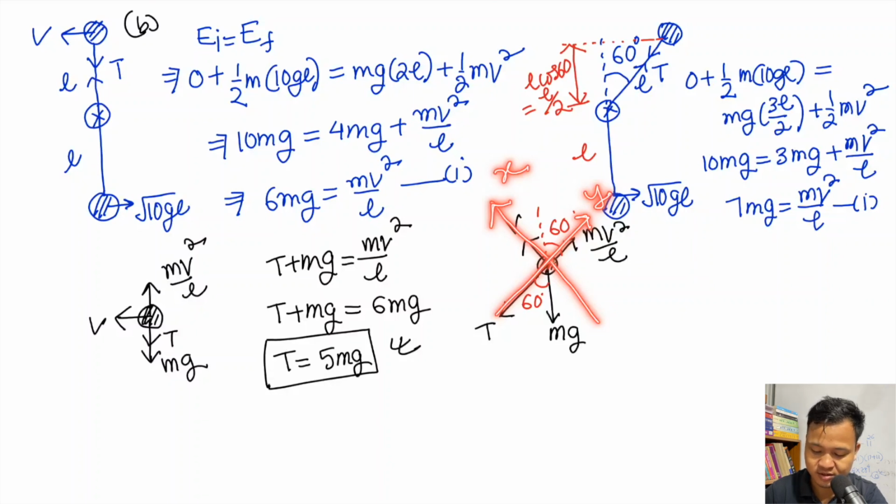So that means mg cos 60 towards the center. On this side I have mg cos 60.